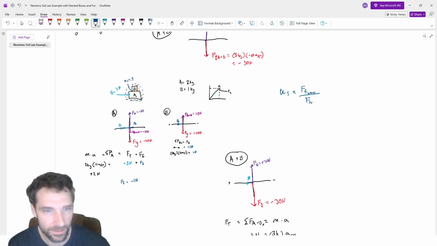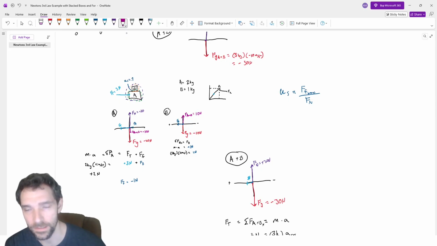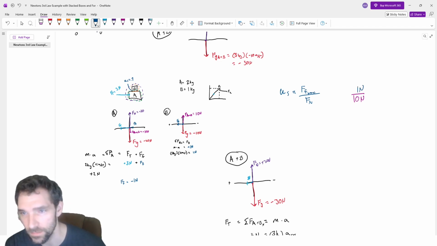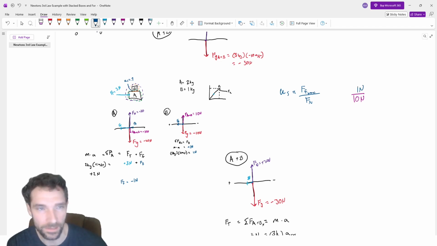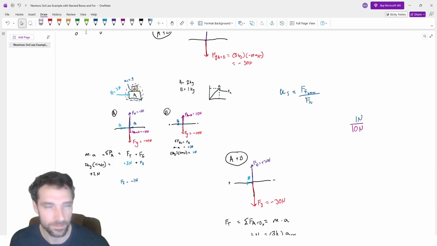And in the context of B, it's got 10 newtons that are pushing up from object A on B. And on top of that, we've got that maximum friction, which we're saying is 1 newton. So it's well within the accepted range, because what we are seeing as our maximum value is much, much larger than what we are actually experiencing.